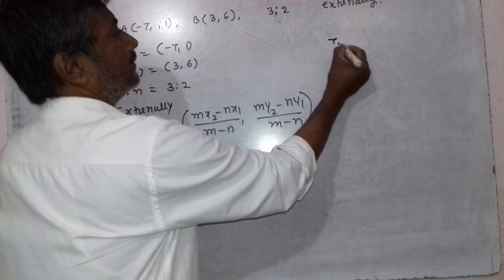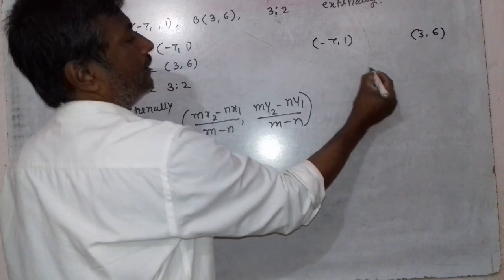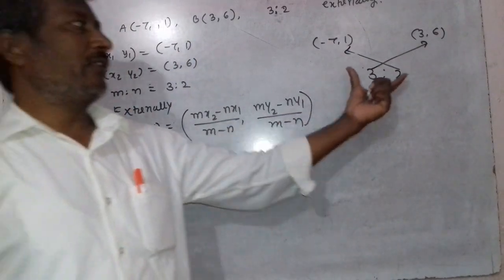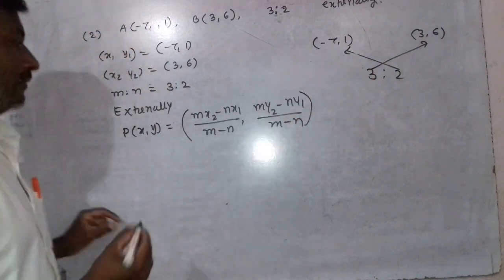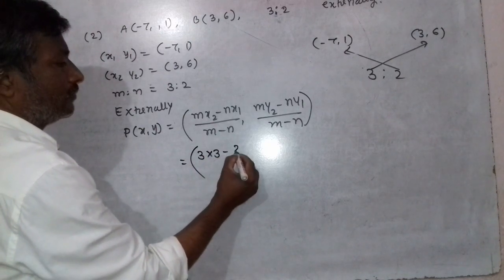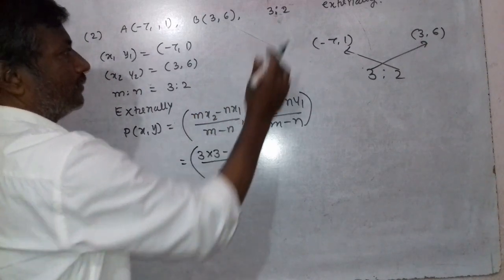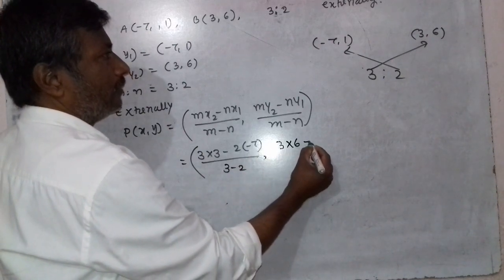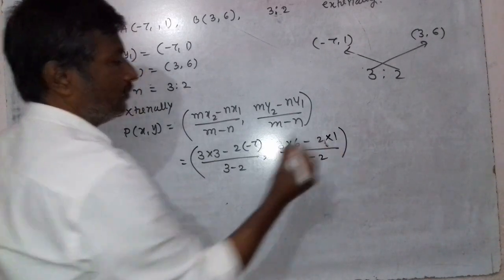So here minus 7 comma 1, 3 comma 6, that is 3:2. So this is to simplify the substitution. So mx2 is 3 into 3, substitute in this formula: 3 into 3 minus 2 into minus 7 divided by m minus n, 3 minus 2, comma 3 into 6 minus 2 into 1 divided by 3 minus 2.